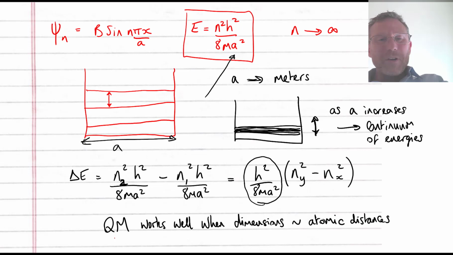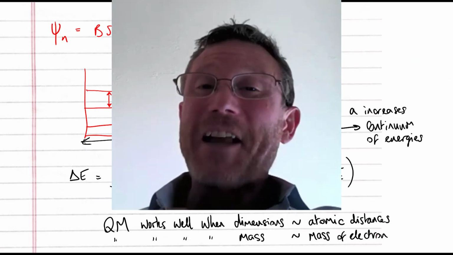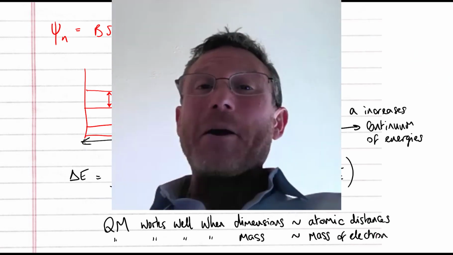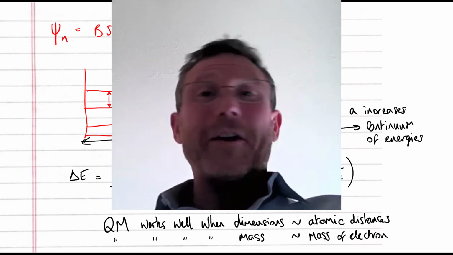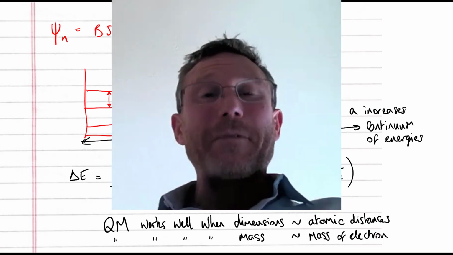It also works well when the mass is similar to that of maybe the mass of a proton, and certainly the mass of an electron. And that's when quantum mechanics works well. Quantum mechanics does also work with tennis balls and tennis courts, but we don't need to use quantum mechanics because we're in this world of a continuum, the world that we typically already know and is described well with classical mechanics.